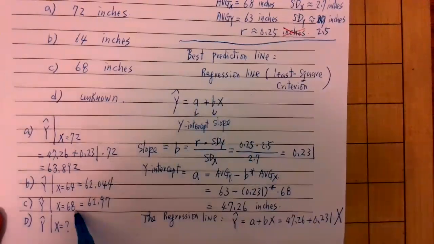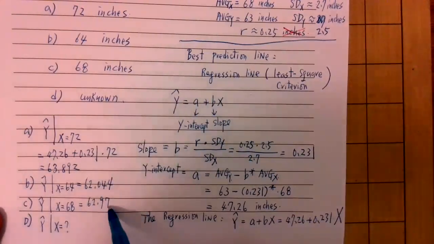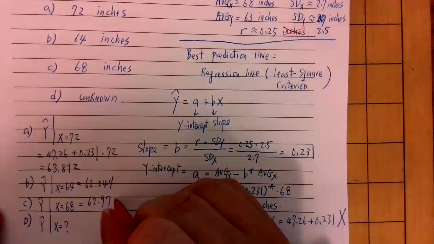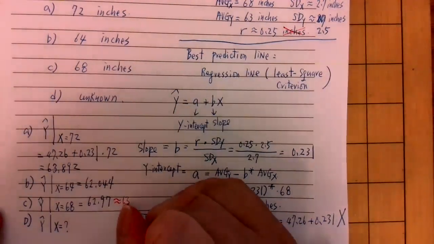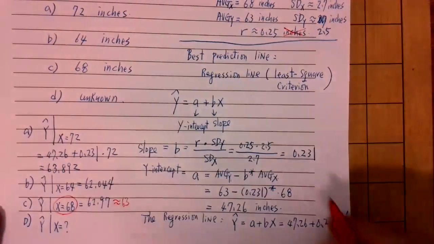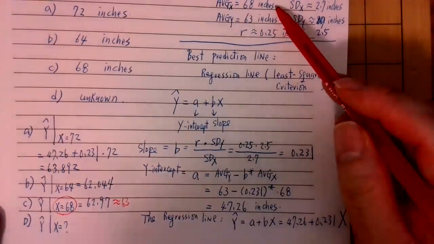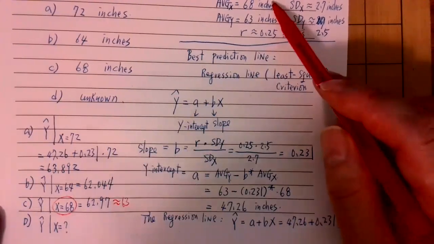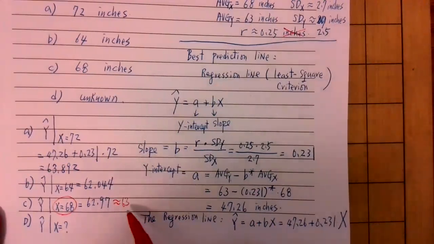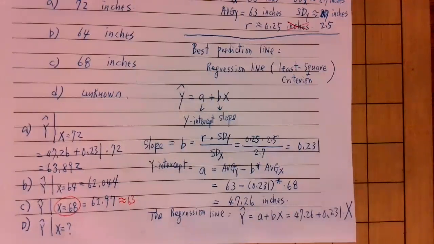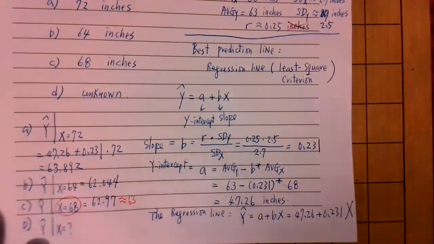And when x is 68, you plug in here and get 62.97, which is very close to 63. Now look here: 68 is the average of x. When the husband is average, the wife is also average. Can you see that?